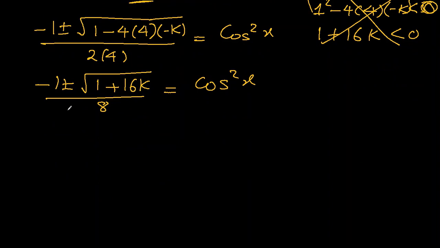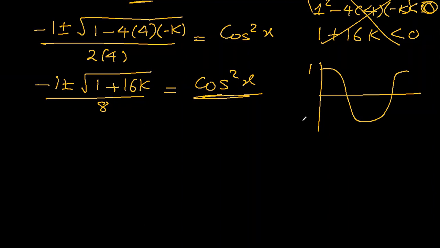Now let's leave it here and think about cos square x. What is the graph of cos x? It is between 1 and minus 1, correct? Cos x has this graph. So what will be the graph of cos square x? Every value will get squared. So square of 1 is 1, and a square of any value less than 1 will be smaller than that.